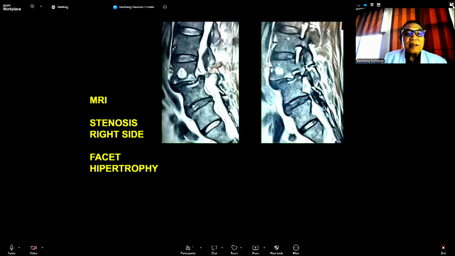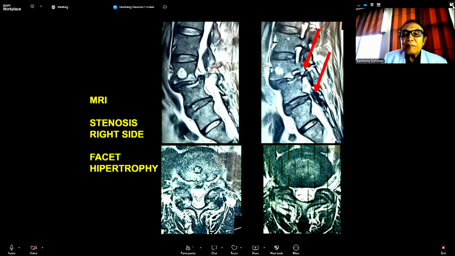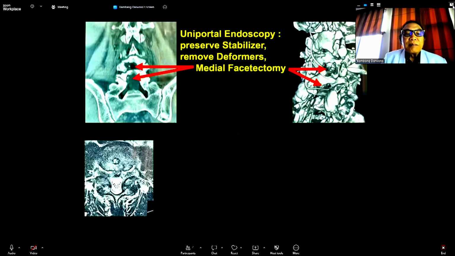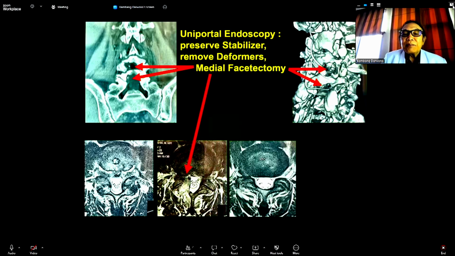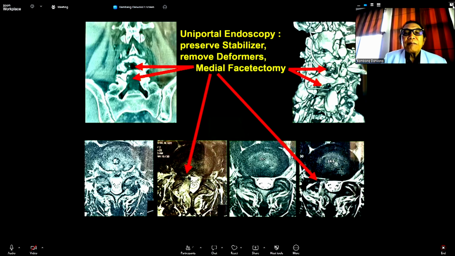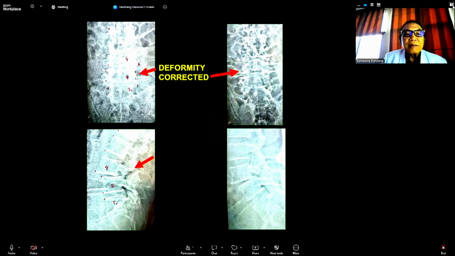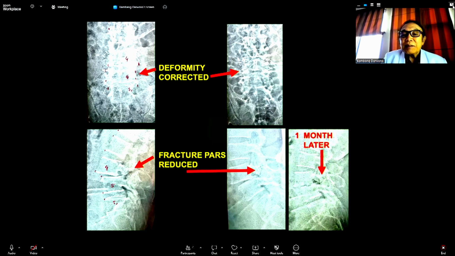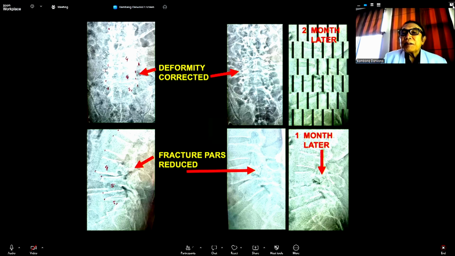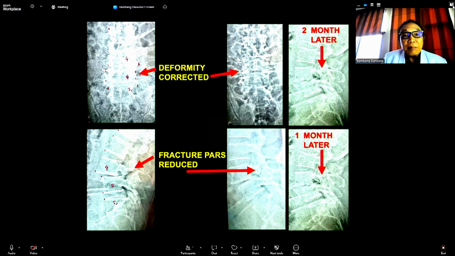We can see stenosis on the right side and facet hypertrophy. Then we perform the medial facetectomy, before, after. The result, deformity corrected, fracture gap reduced. 1 month later, 2 months later, and 3 months later, no fusion device.